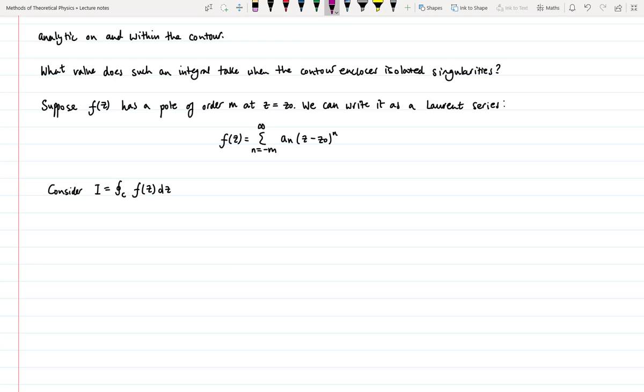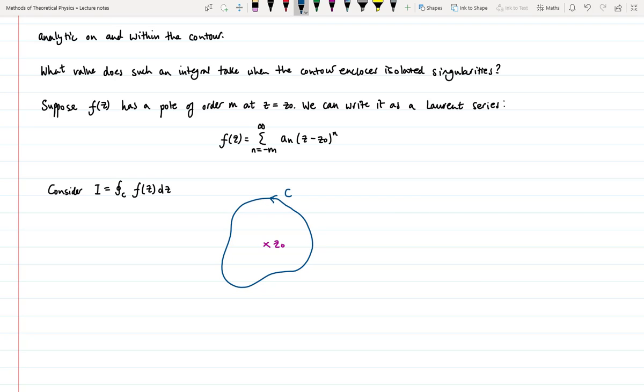So I'm going to draw a picture. I'm going to dispense with the axes for clarity. Here is the point at which we have a pole of order m, and our contour C might look something like this, traversed in the anti-clockwise direction.